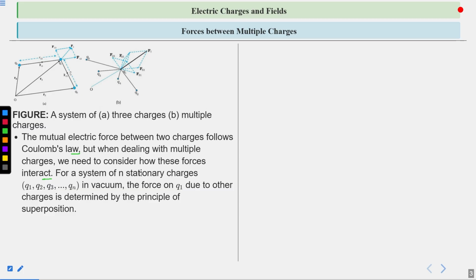For a system of n stationary charges Q1, Q2, Q3 up to Qn in vacuum, the force on Q1 due to the other charges is determined by the principle of superposition. Using the principle of superposition, we can determine the force on a single charge due to other charges.